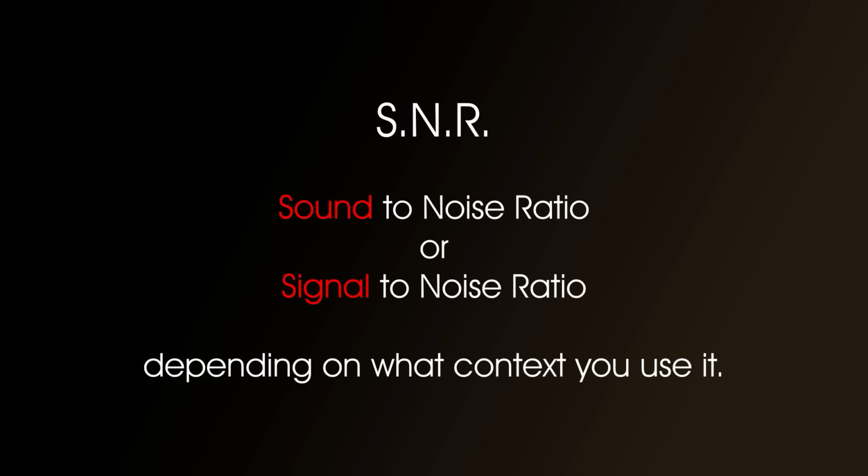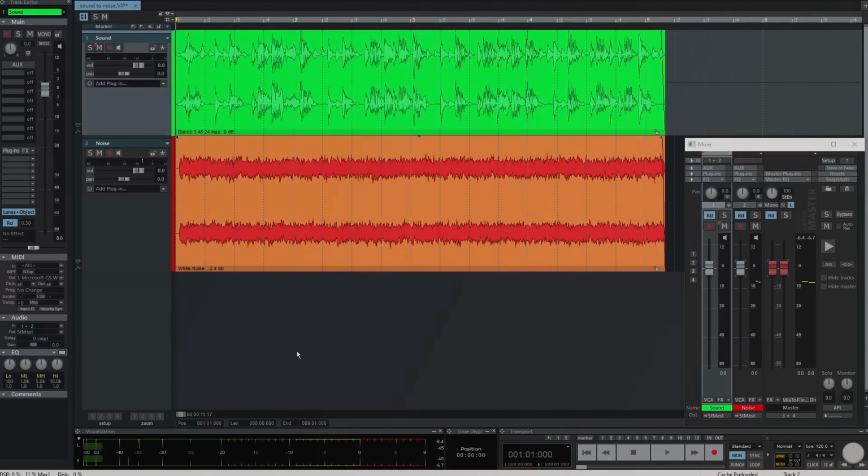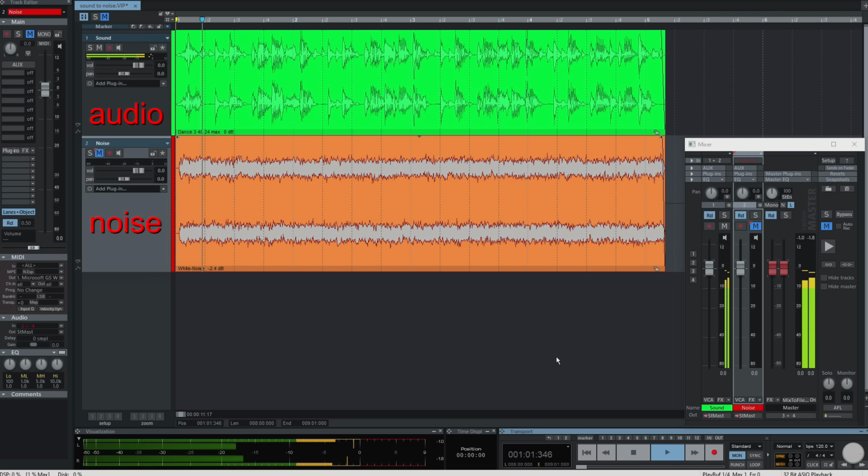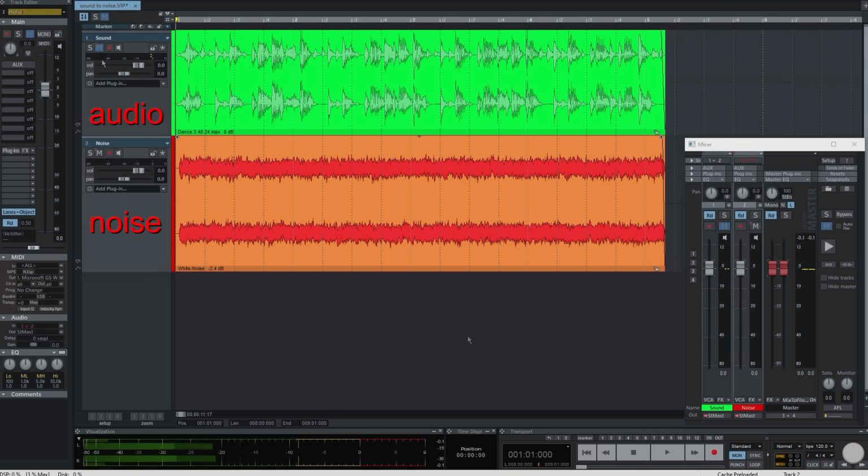Here's a very simple and crude demonstration of sound to noise ratios. Here I've got two tracks. On one track I've got clean audio, and one with noise on.